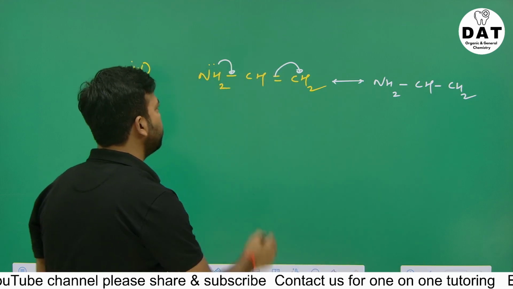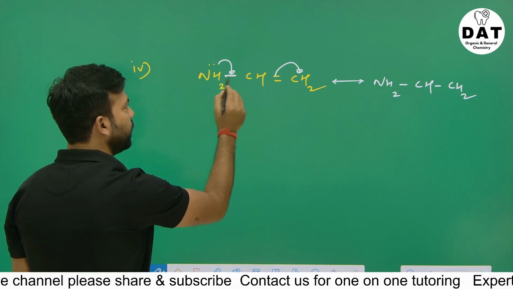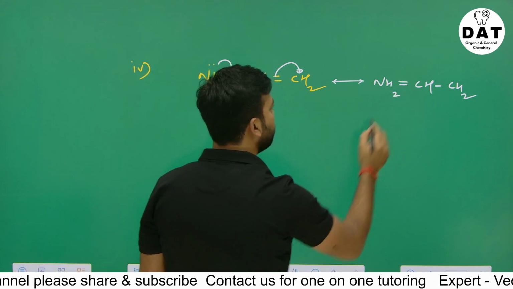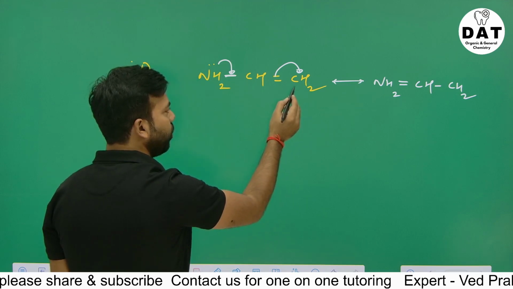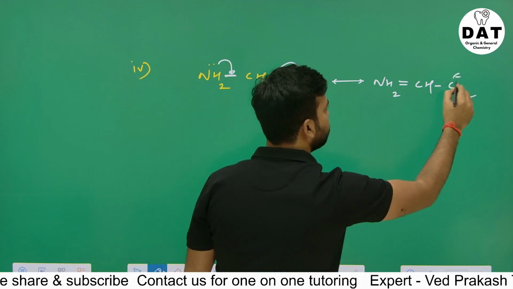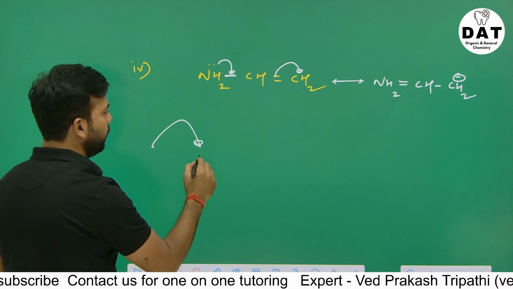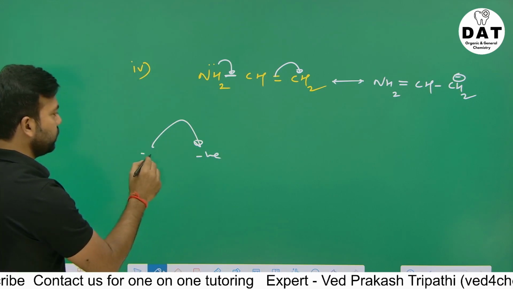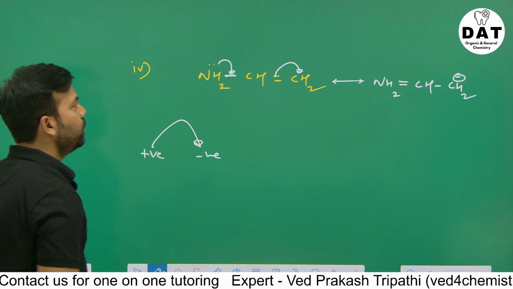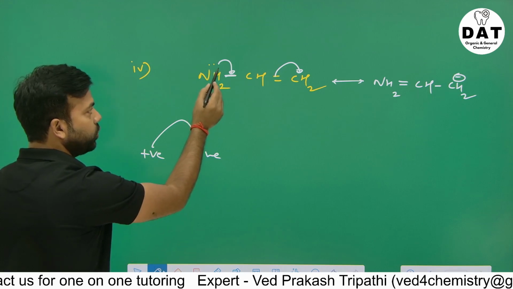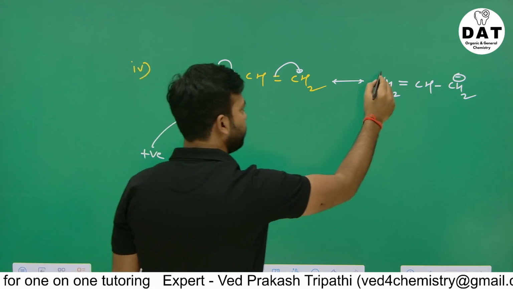This bond has an arrow, so there is a double bond. This carbon has the head of the arrow, so negative charge. And I said that whenever the head is negative, the tail is positively charged. So this lone pair, the nitrogen has the tail, so there is a positive charge.